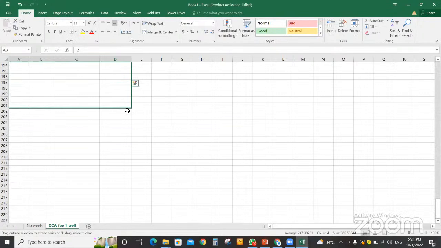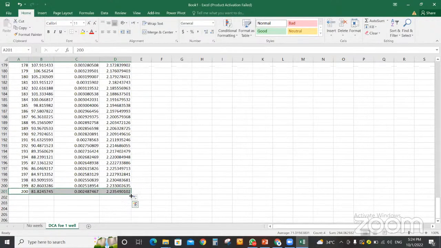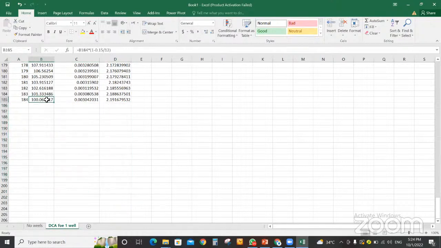So let's see, about 200. So we reached 80. No, we don't need that. We will stop our decline here. So here, as you can see, that is the cumulative oil production that can be produced by using a single well.